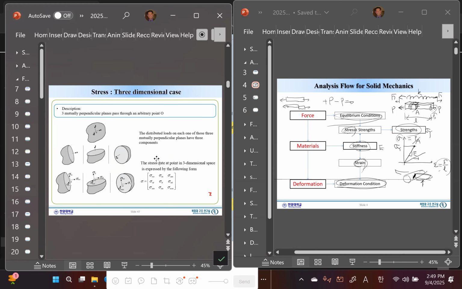This is a very new subject, but I'm sure you already studied a little bit about stresses in the previous semester. But again, I cannot emphasize enough how important this concept is. 3D stresses are again some force occurring inside the material. It is as simple as that. Okay.